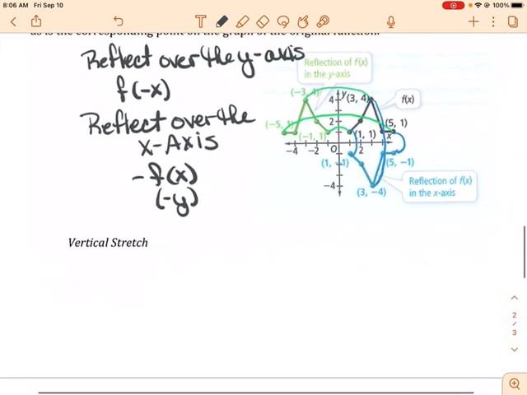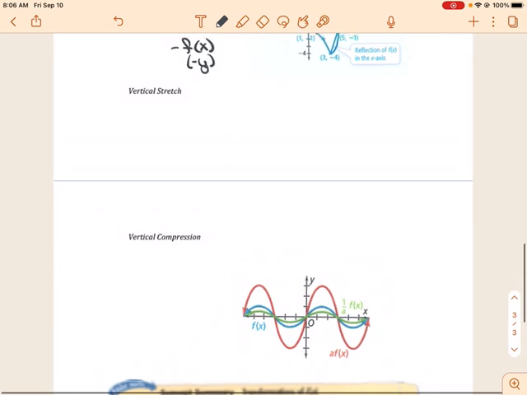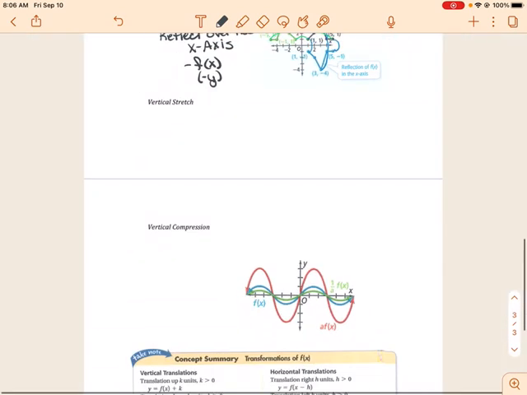All right, now, vertical stretch. When we talk about vertical stretch, I kind of put this in here. There's our picture. There are two kinds. So a stretch is like elongating it vertically. We're elongating the graph vertically, but it's still anchored on the x-axis.